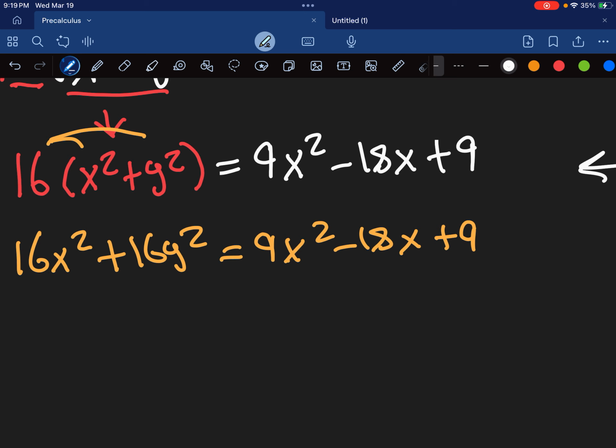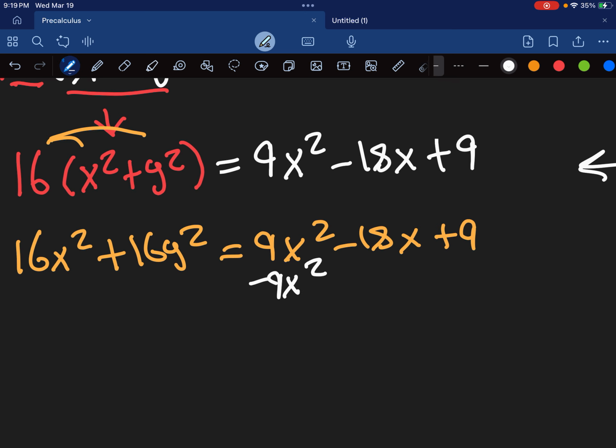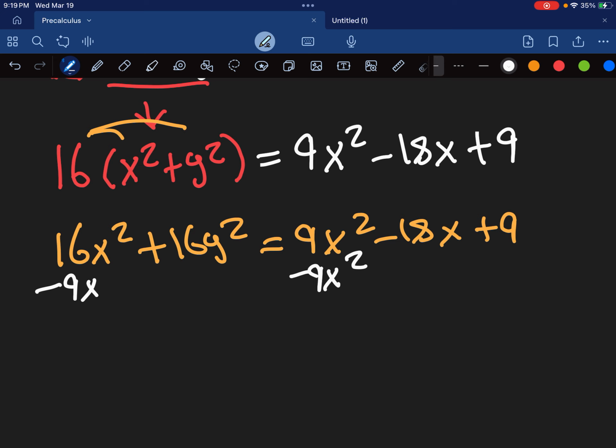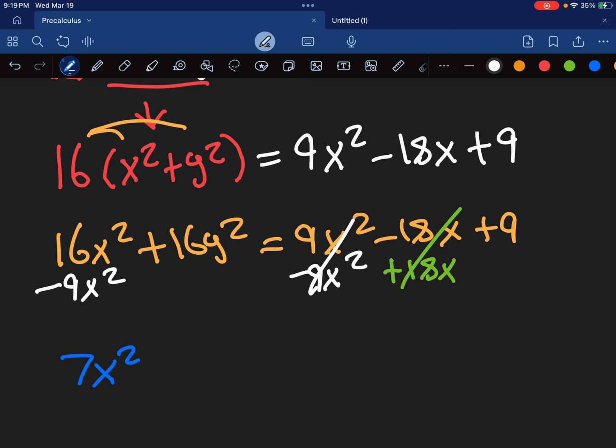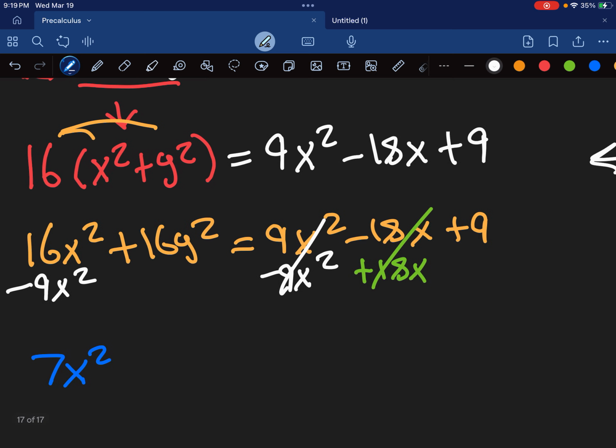So we're going to do 9x, remove that. This comes out to this. And then let me write that down. So this comes out to 7x squared, okay? Now I'm going to do plus 18x for this to cancel out. Okay. We're going to bring down this y right here because we don't have a y value on the other side of subtract or add, so we're just going to move this down.